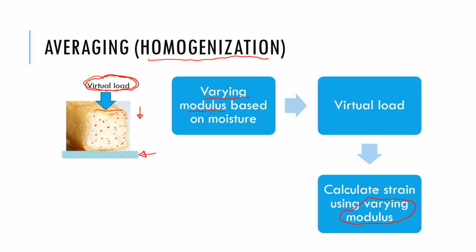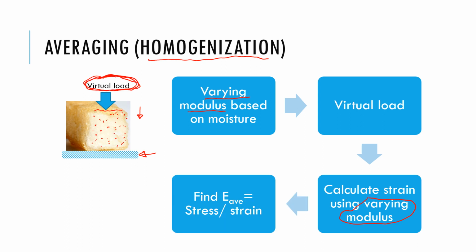Computationally these have become much easier and routine. So we calculate the strain, and from the load I know the stress. If we get stress over strain, that is my effective or average modulus for the entire cross section.